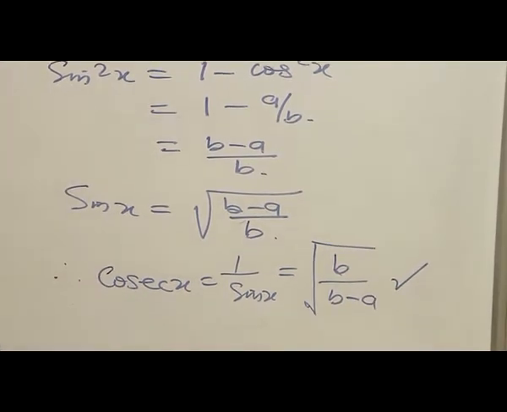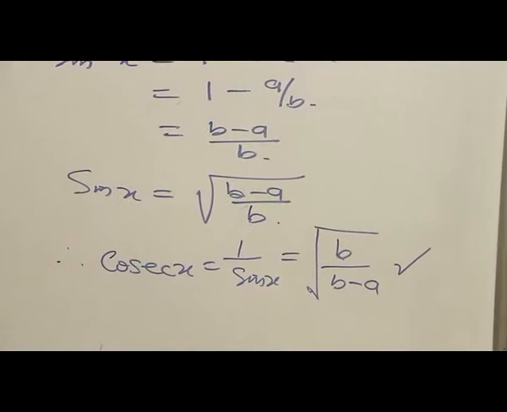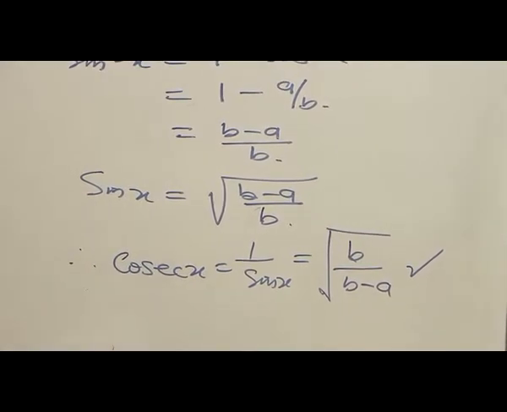So your cosec S is equal to B all over B minus A, all under square root.